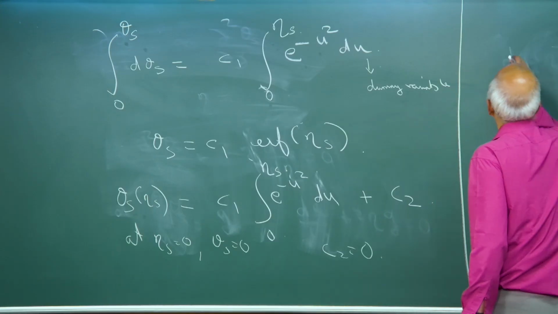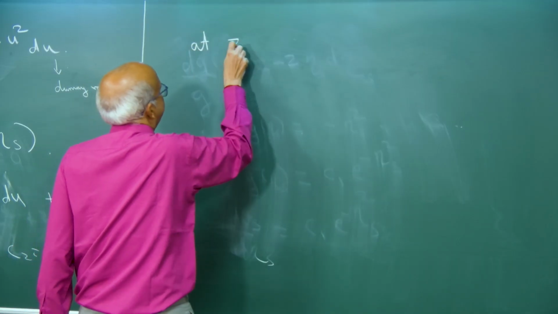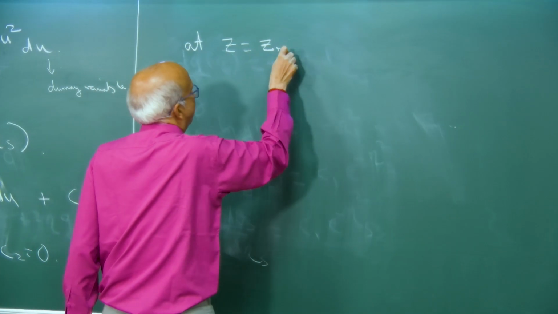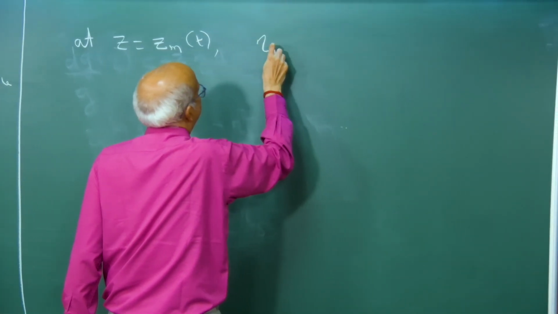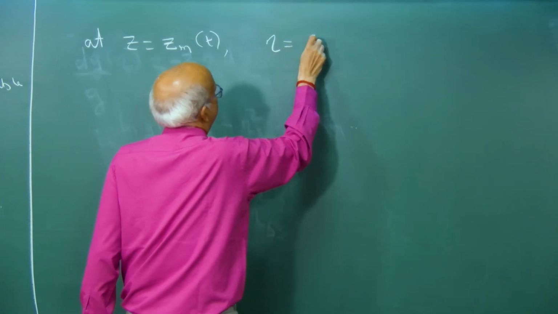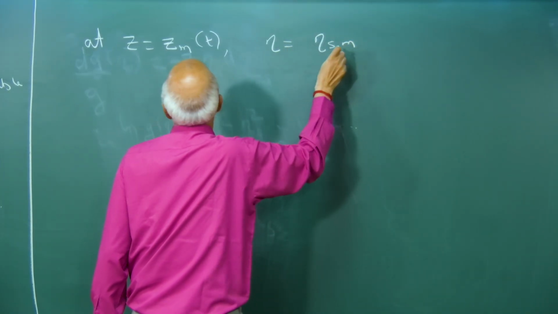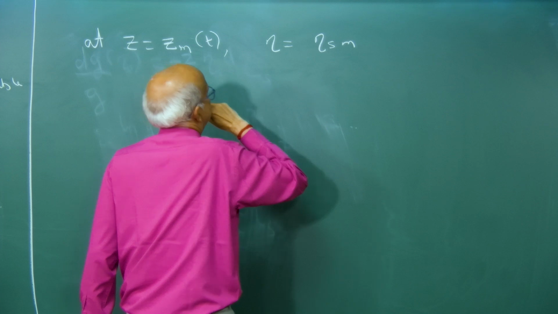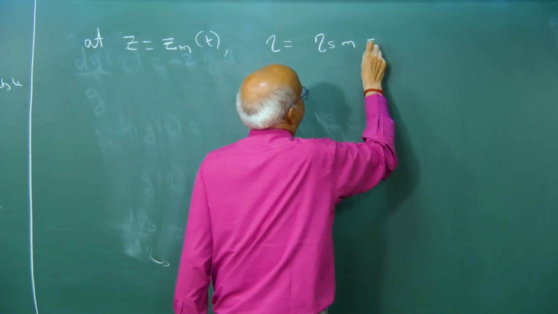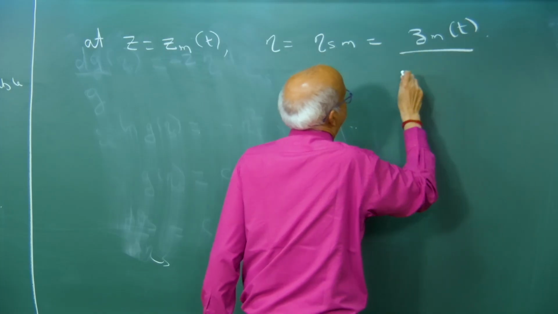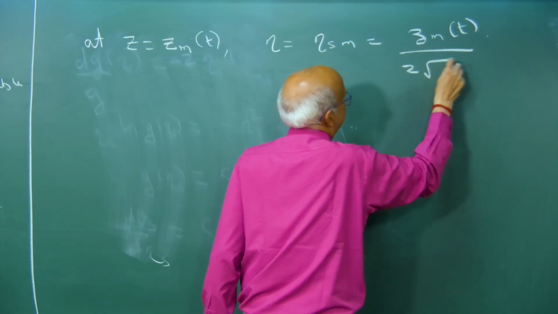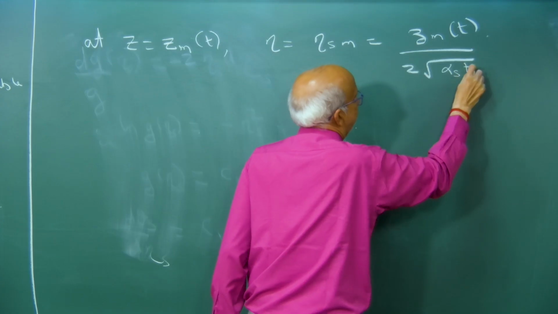At Z equals Zm of t, eta is eta Sm, and that is Zm of t divided by 2 times square root of alpha S t.